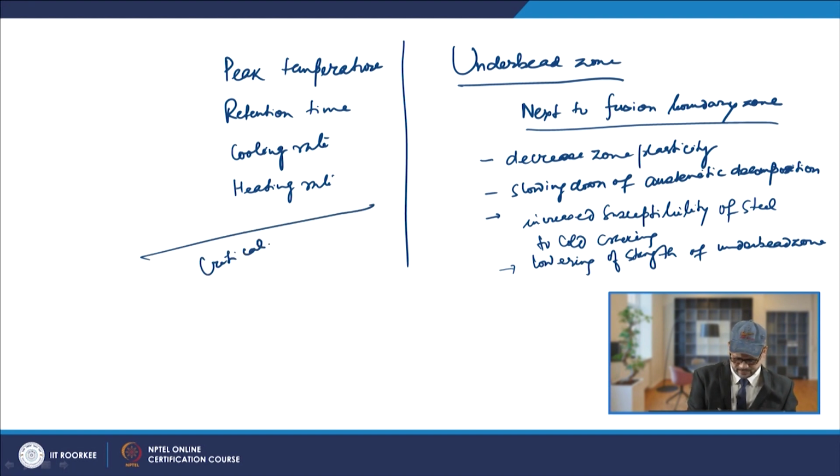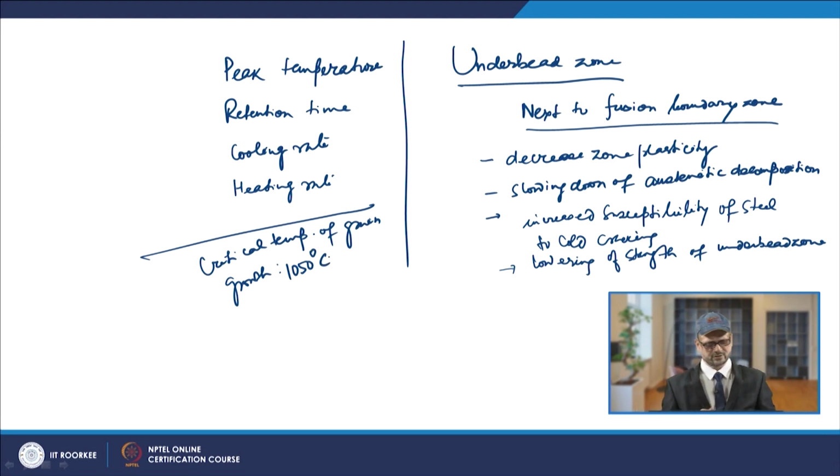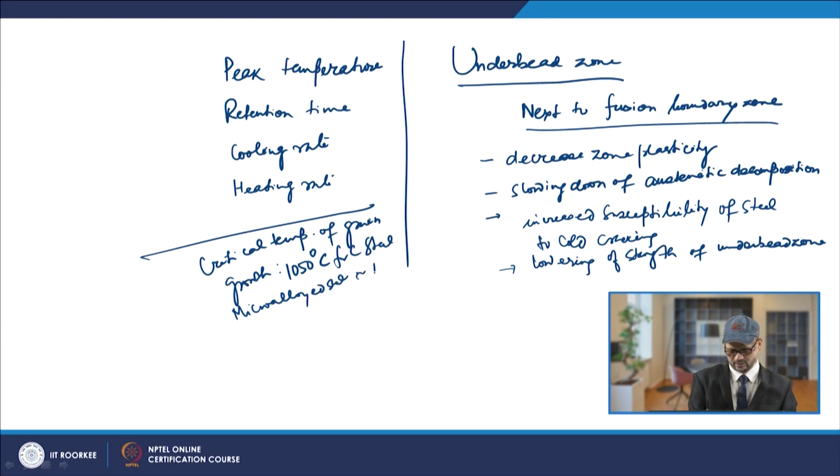The critical temperature of grain growth normally has a value of 1050 degrees centigrade for normal carbon steel, whereas for microalloyed steel it goes to the order of 1350 degrees centigrade.